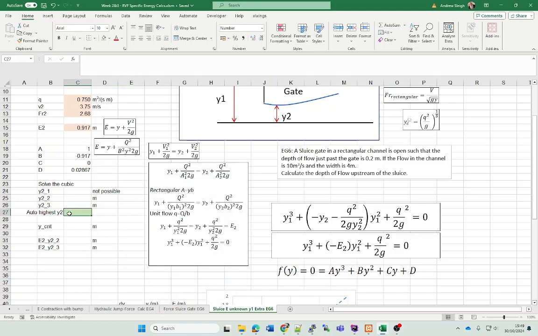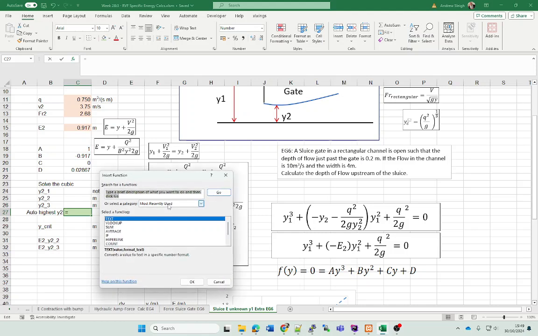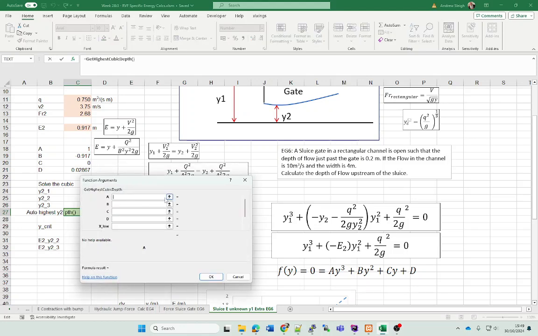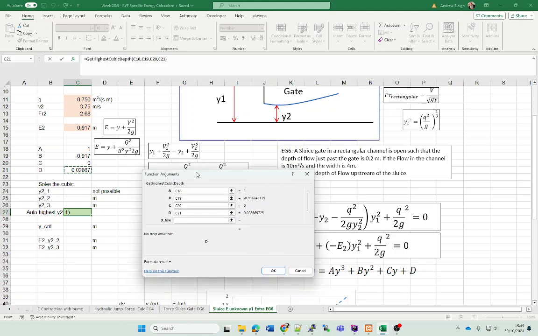In the cell, we press the F, select user defined, and there are a few user defined here. Get highest cubic depth. There we are. Click on A, click on B, click on C, click on D. I'm going to choose an X low.